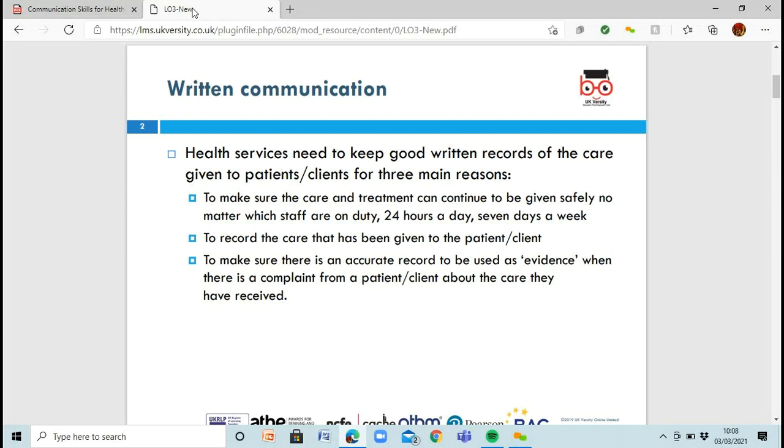If there's ever a complaint from the patient or a member of their family saying they're not getting their treatment or medication on time, you've got a fail-safe to fall back on and say, actually, we have been doing this because we've been recording it accurately and on time. This is our evidence.